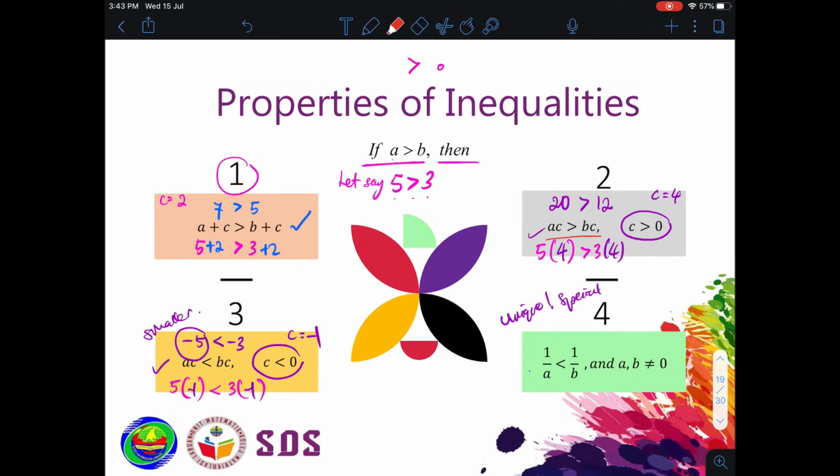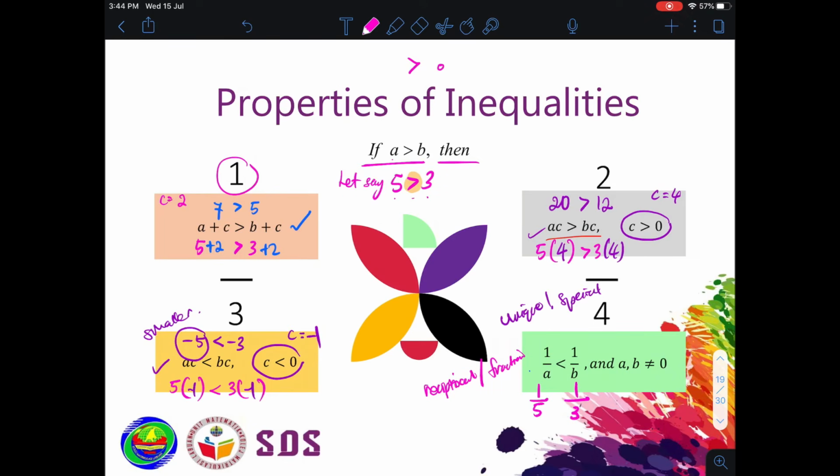Initially it is greater, but after it becomes a reciprocal, which means it becomes a fraction, with the same number 5 as a and the same number 3 as b, automatically the symbol has changed.